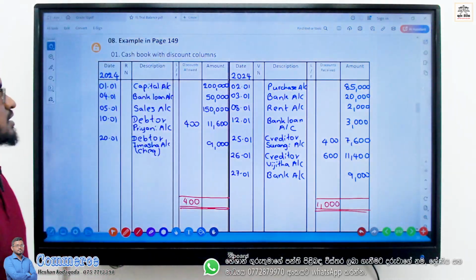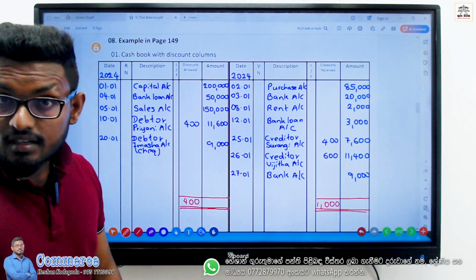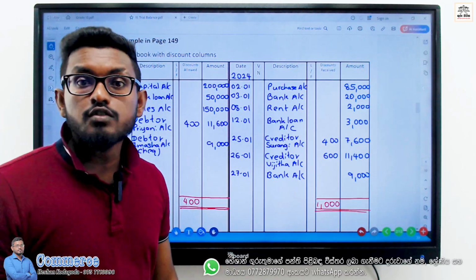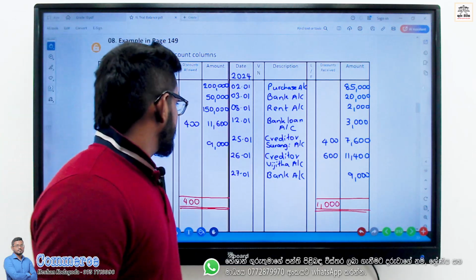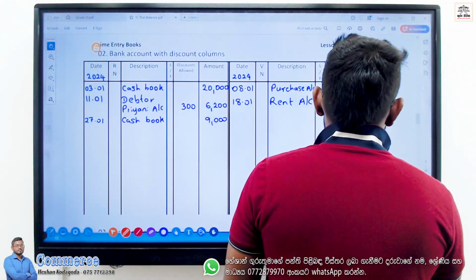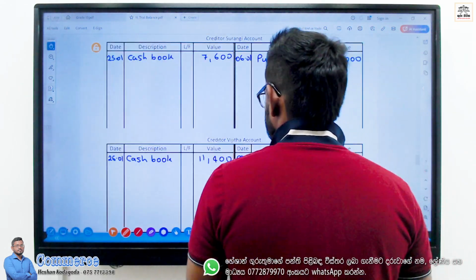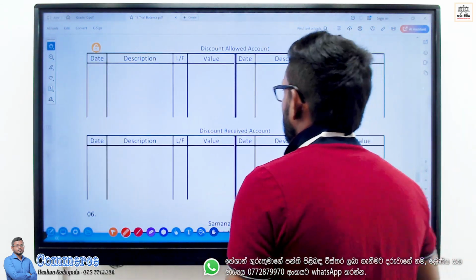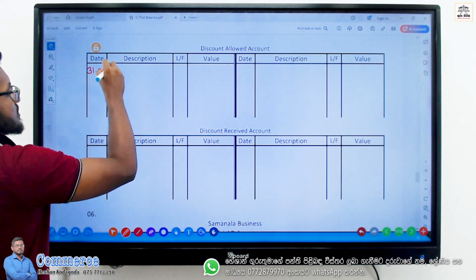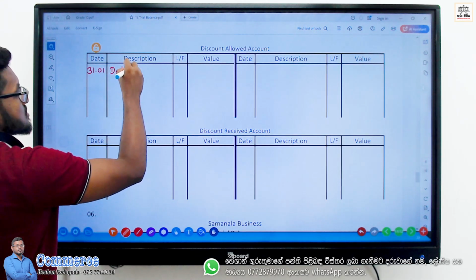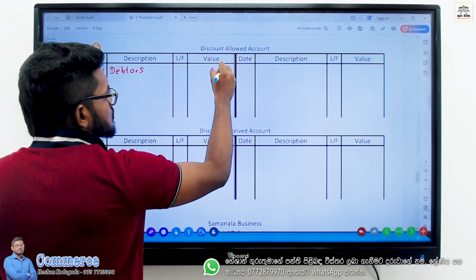Okay. Discount allowed account debit, debtor Priyani account credit. Since this is not performing the dual function, we need to write both. Right? Discount allowed account debit 400. 31st of January. Write it as debtors. It's 400, right?